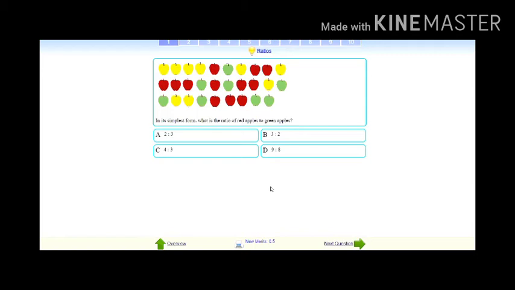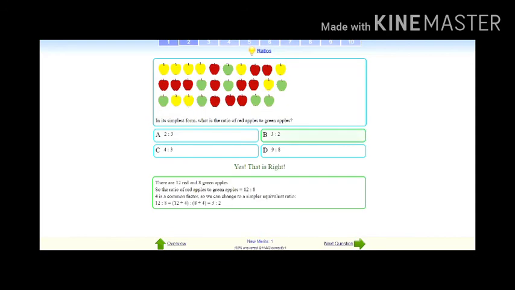Red to green. And simplest. Three to 2. Correct. Yes.